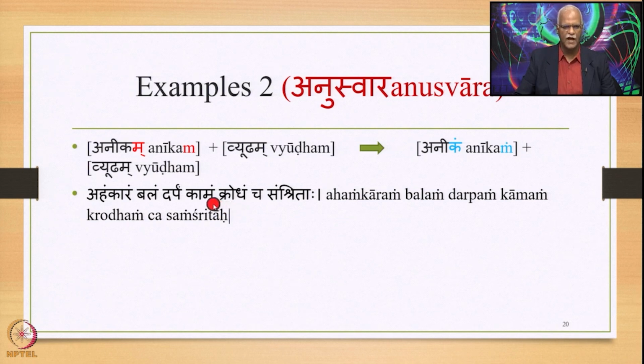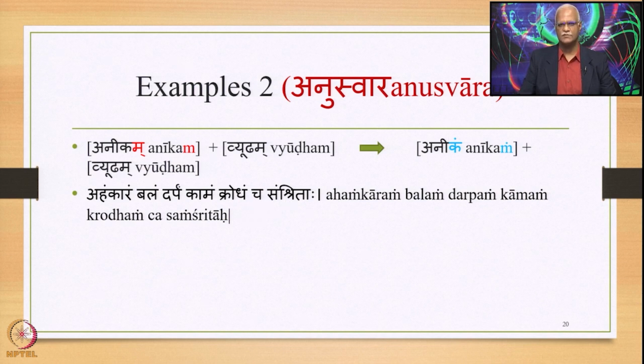Therefore this Ma at the end of the pada followed by a consonant is substituted by an Anuswara, so Kamam. Similarly, Krodham Samshritaha. So this is Ma at the end followed by Cha. So this Ma is substituted by an anuswara. So we get Krodham cha samshritaha.